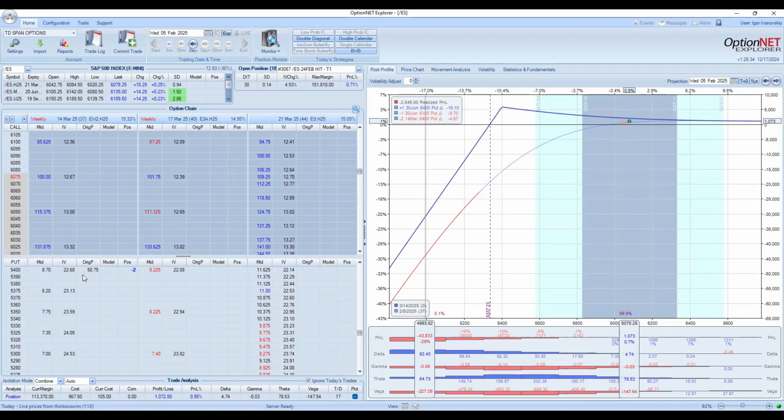So from 50 down to about 9, this put lost about 80% of its value since then. Now I still have $8.70 times 2, which is about $870 worth of extrinsic value with 37 days to go.